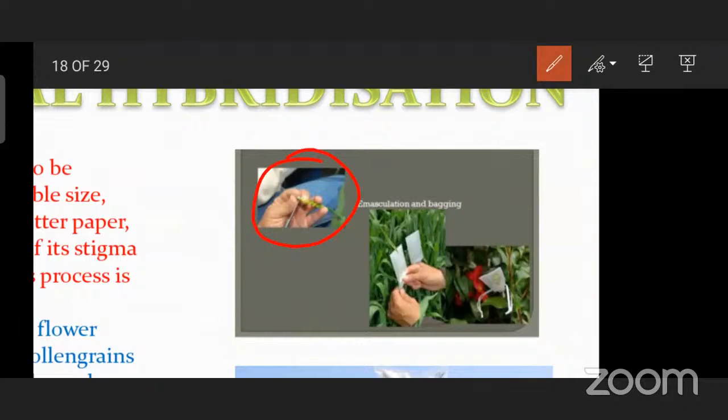This is the process of emasculation. After emasculation, flowers have to be covered with a bag of suitable size, generally made of butter paper. See here, this is butter paper. This is to prevent contamination of the stigma with unwanted pollen grains. This process is known as bagging.